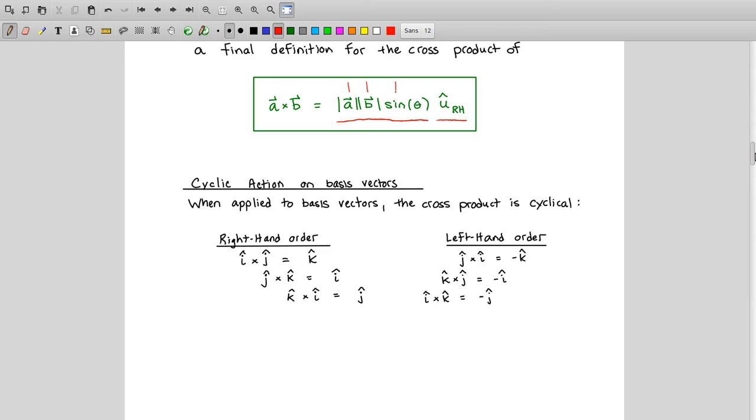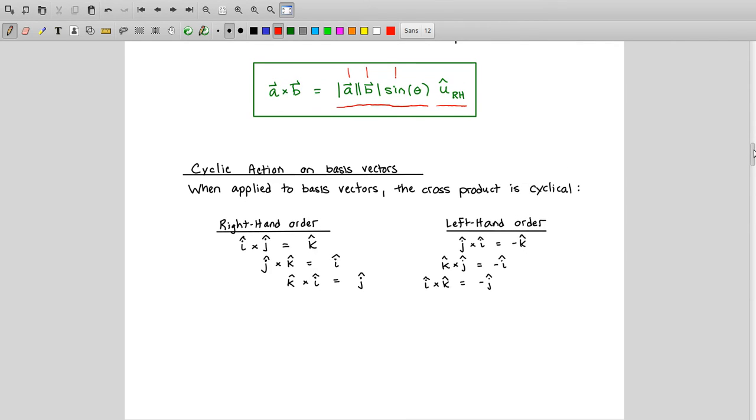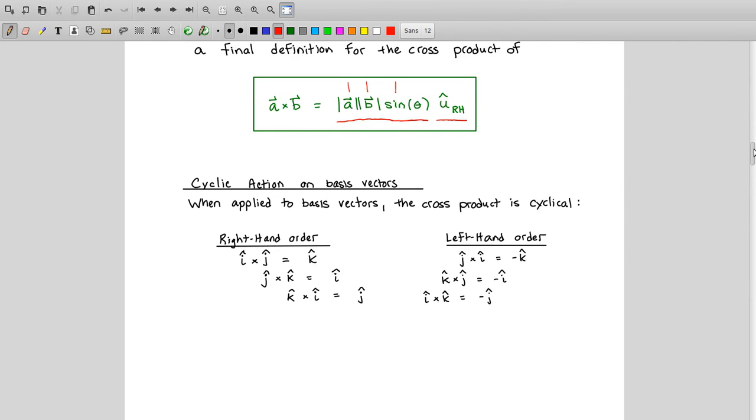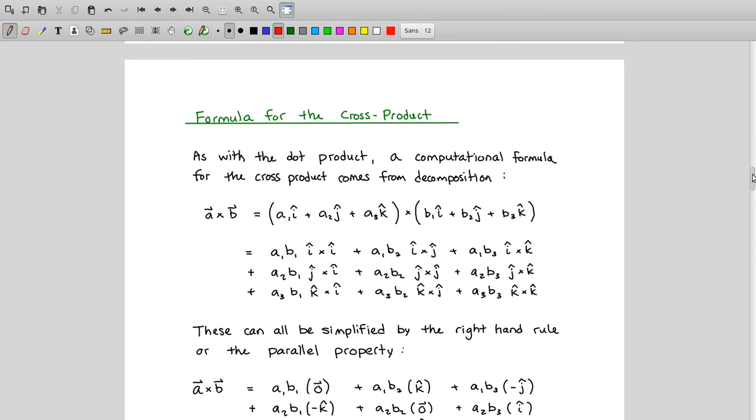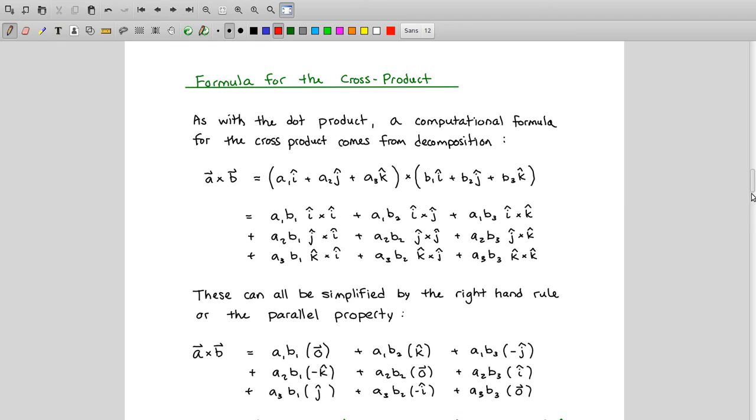We now have enough information to obtain a computational formula for the cross product. Many books just start with that, but I like to introduce some basic geometric reasoning, which then naturally gives you the formula in Cartesian coordinates. So here it is. Just like we did for the dot product, to figure out what a cross b means, we expand a and b in ijk form, take the cross product, and apply the basic rules of arithmetic.